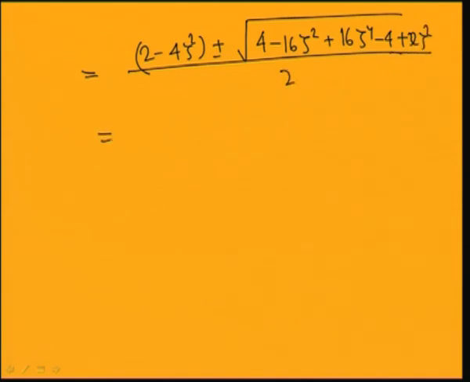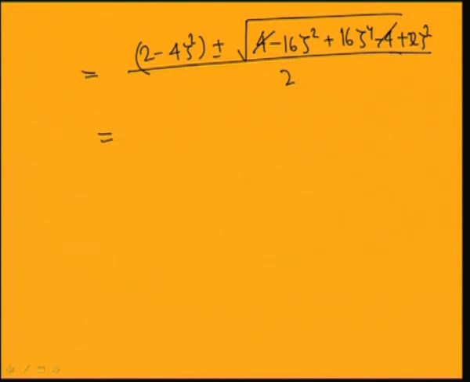So now the plus 4 minus 4 you can cancel, and this is minus 16 zeta square and plus 16 zeta fourth plus 32 zeta square. So, this becomes 16 zeta fourth plus 16 zeta square.